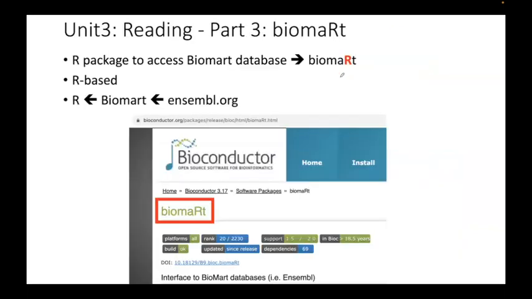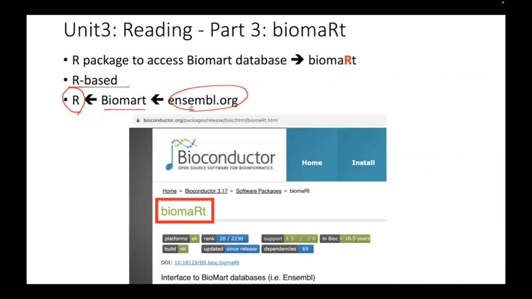But is it possible to use R for doing the same thing, which is Biomart? In that case, you have to write it this way. Okay, and this is R-based. From the R package, you access the Biomart, and Biomart is located in Ensembl.org.